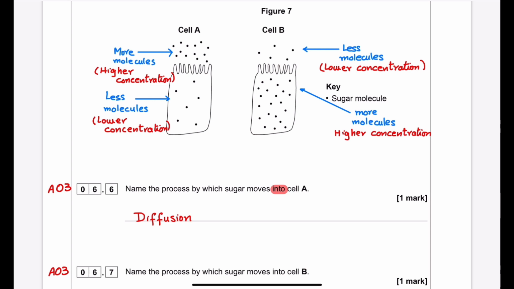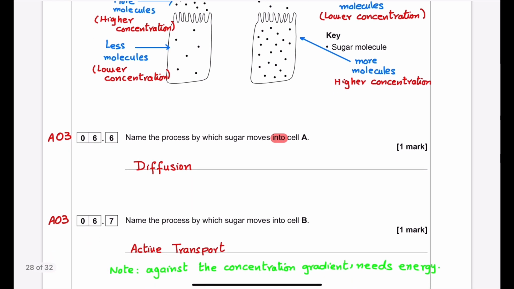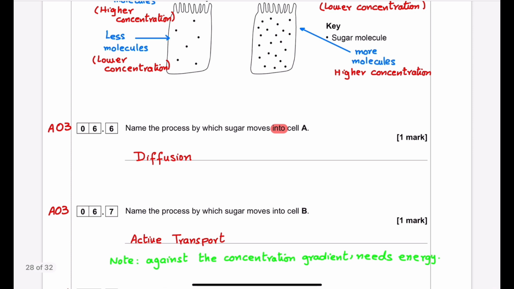If the sugar molecules have to move from outside the cell into inside the cell against the concentration gradient, the name of the process is called active transport. So the name of the process is active transport. Note that this process is done against the concentration gradient, therefore energy is required.